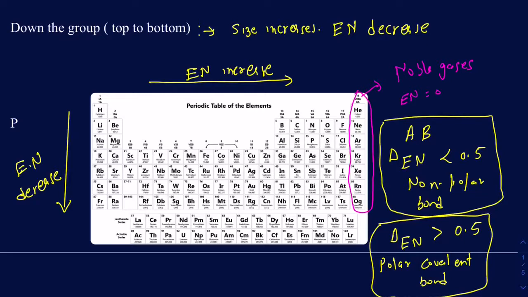However, you may not be given these values. If you're given these values, then you can certainly calculate it, but for the most part you're not going to be given those values, so you have to rely on the electronegativity trend that we just learned. So electronegativity increases when you go from left to right, the noble gases have zero electronegativity, and as you go from top to bottom, the electronegativity decreases.